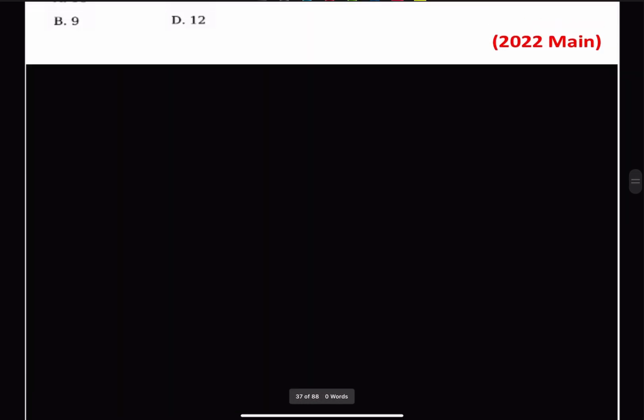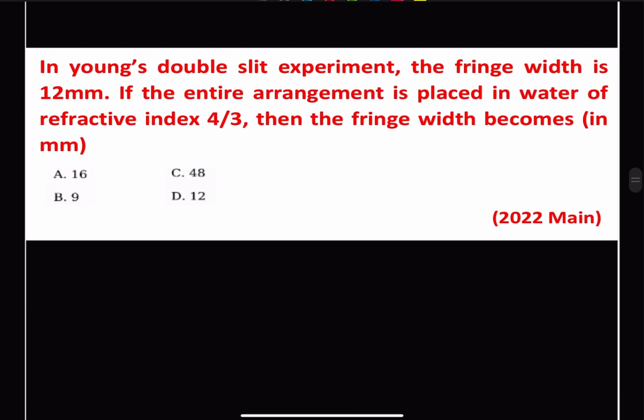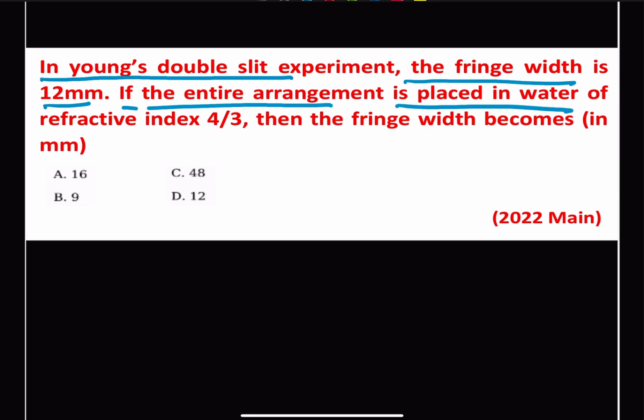Next question. We are given in Young's double slit experiment, the fringe width is 12 millimeter. If the entire arrangement is placed in water of refractive index 4 by 3, then the fringe width becomes what in millimeter?